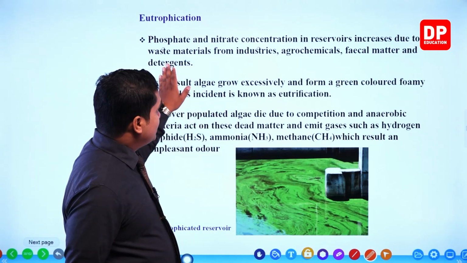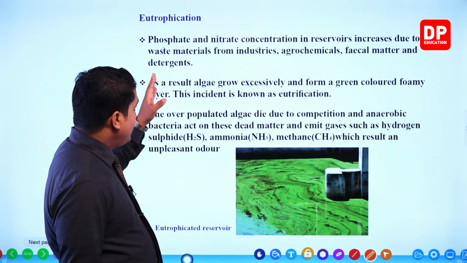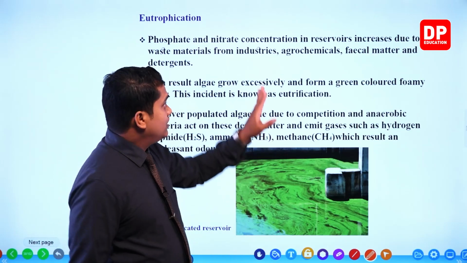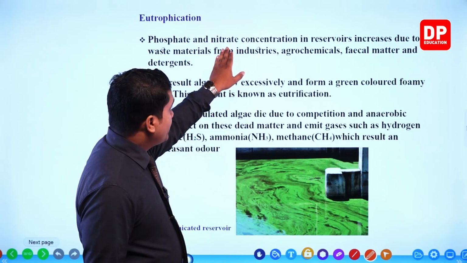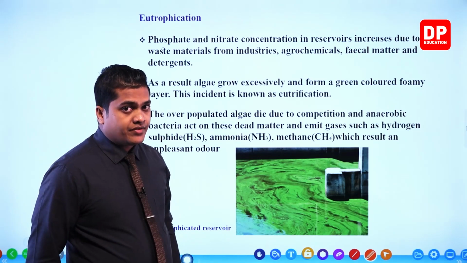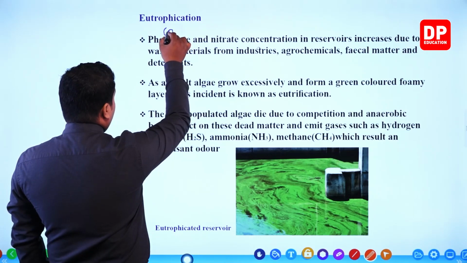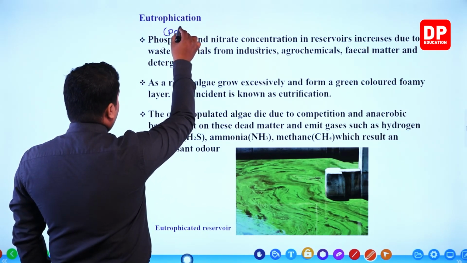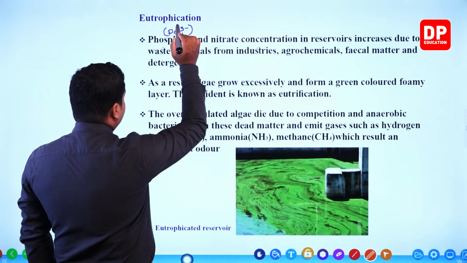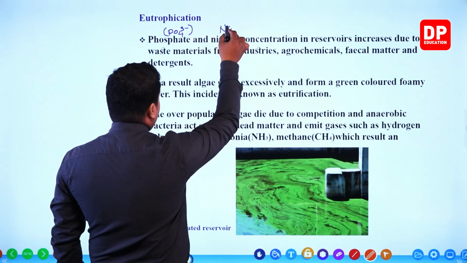These substances, industrial waste, agrochemicals, fecal matter, and detergents, contain nitrates and phosphates. Phosphate, you know the chemical formula, PO4 3 minus. Then nitrate, NO3 minus, right?